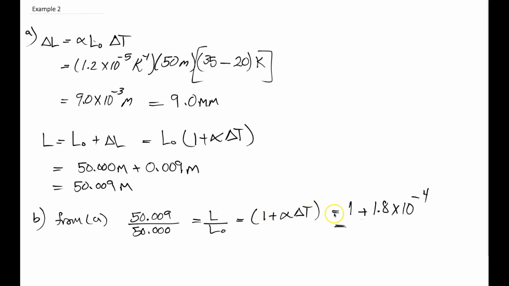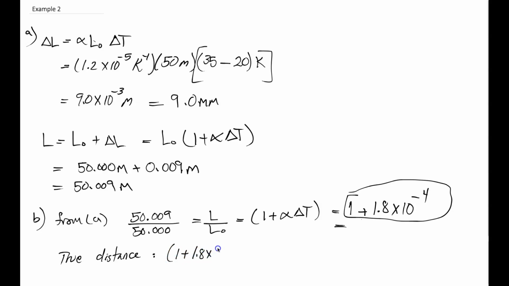So this ratio is equal to this value. And now the true distance is going to be this factor, 1 plus 1.8 times 10 to the minus 4, times the observed reading, which is 35.794 meters, which will give us 35.8.